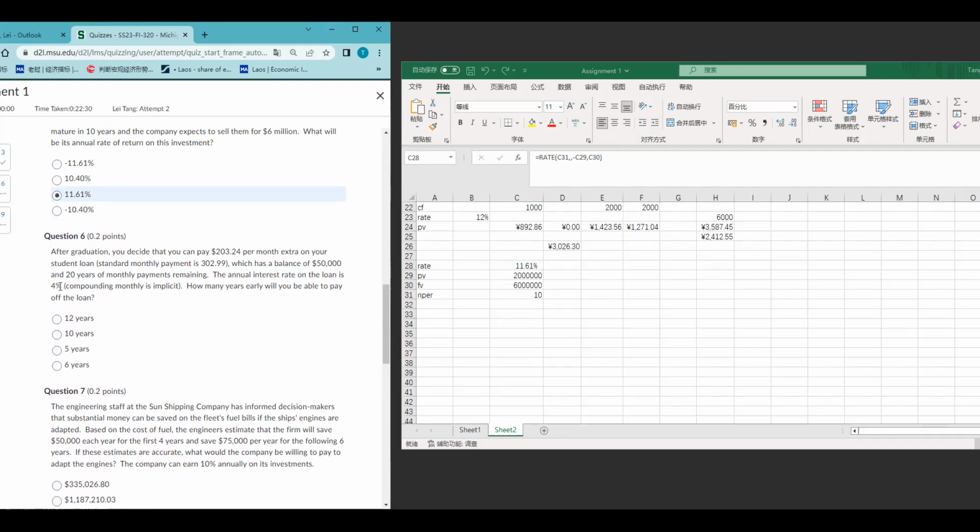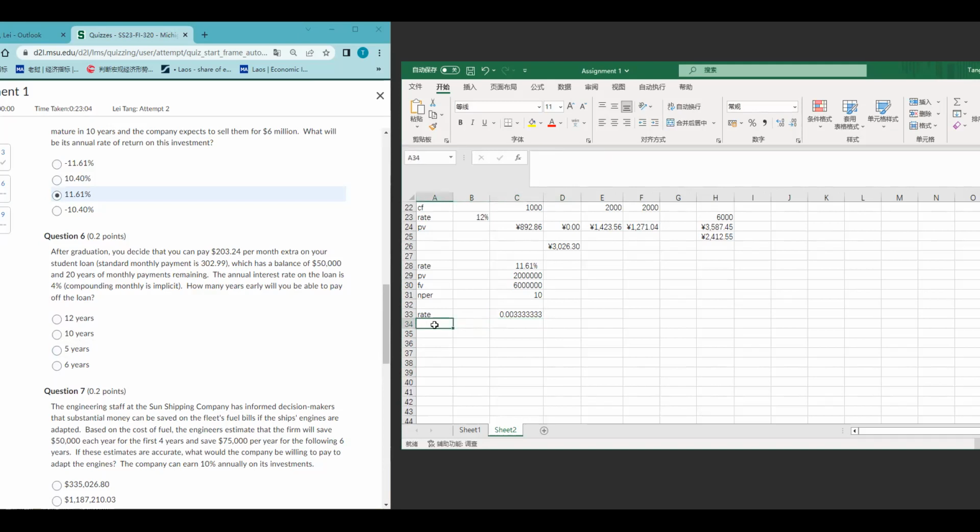This interest rate is annual, but our payment is a monthly payment. So we need to unify the 4% from annual to monthly. So first thing, the rate is 4% divided by 12.